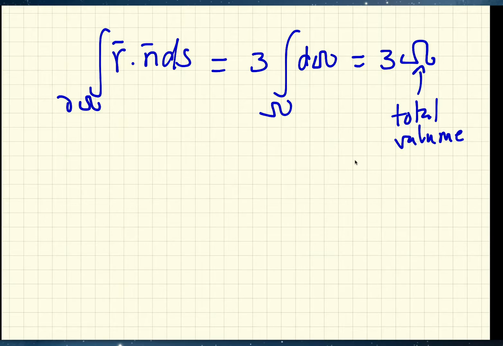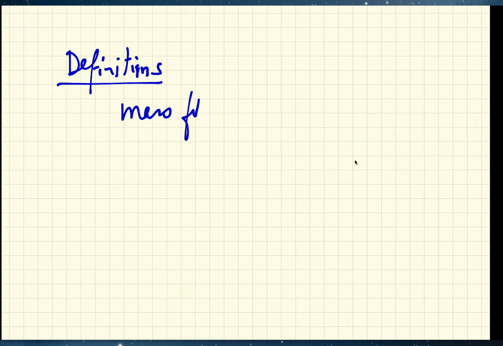Next, we reviewed the fact that we have definitions. We defined the mass flux, and the mass flux is J sub m equals rho times the vector velocity v.